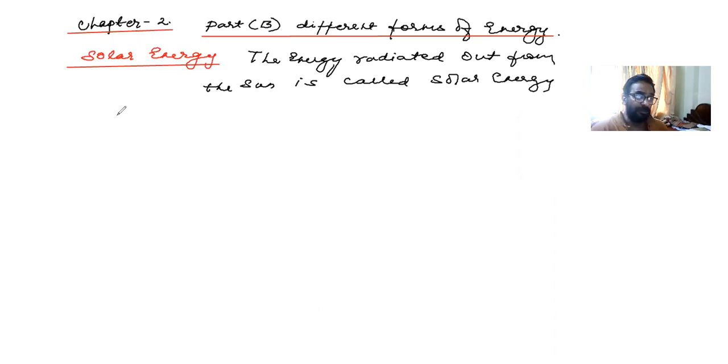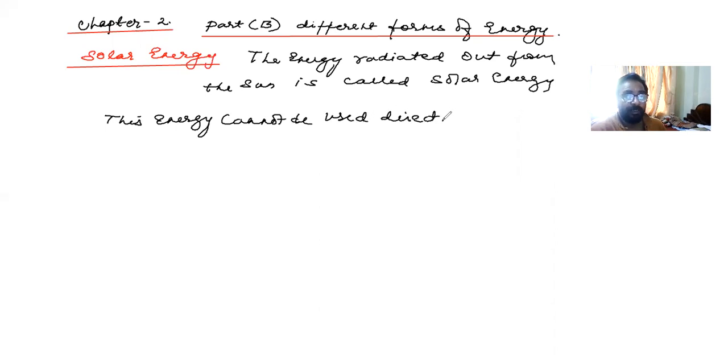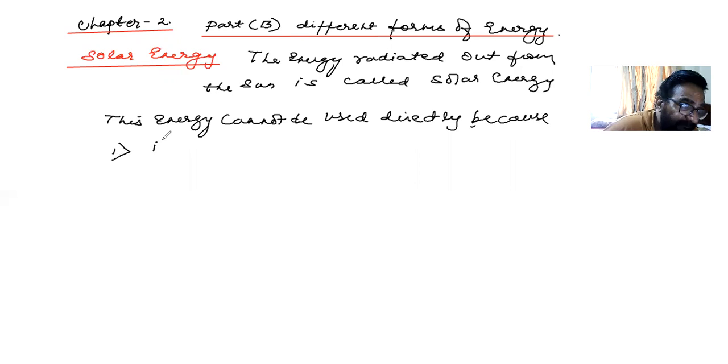Remember, this energy cannot be used directly, basically because of two conditions. First, it is too much diffused, spread out everywhere.